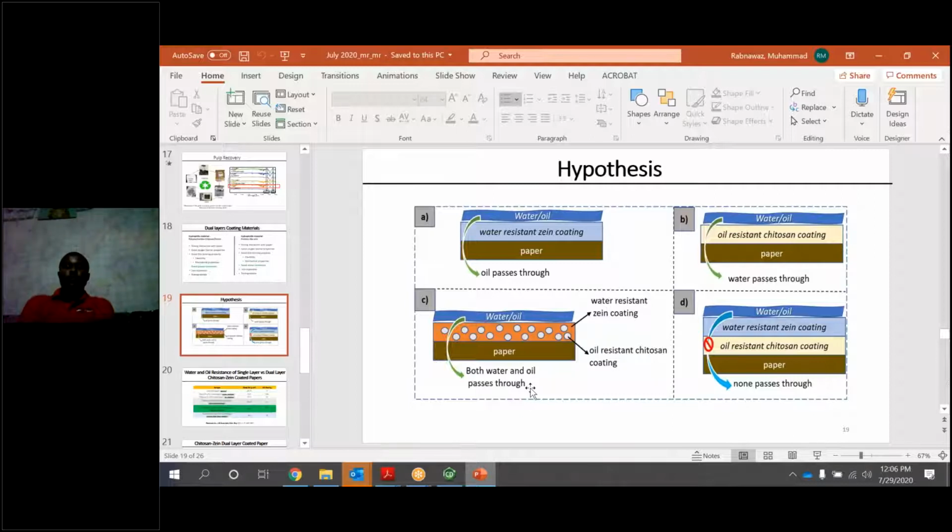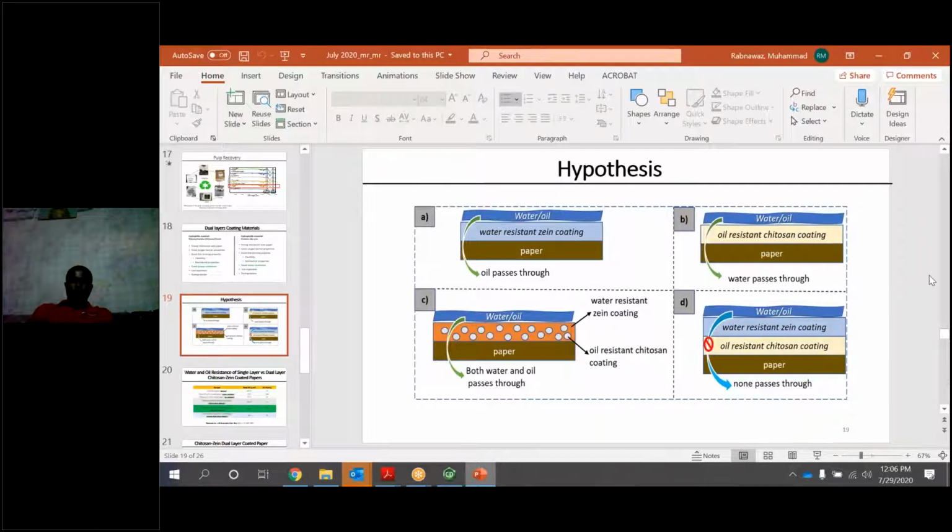But the most important thing of the whole hypothesis was if we use oil resistant chitosan as the first layer and then apply water resistant zein as the top layer, water will be held by the top layer, so water cannot pass, and then the oil resistance will be provided by the chitosan. So eventually, water stops here, oil stops here, nothing passes through.